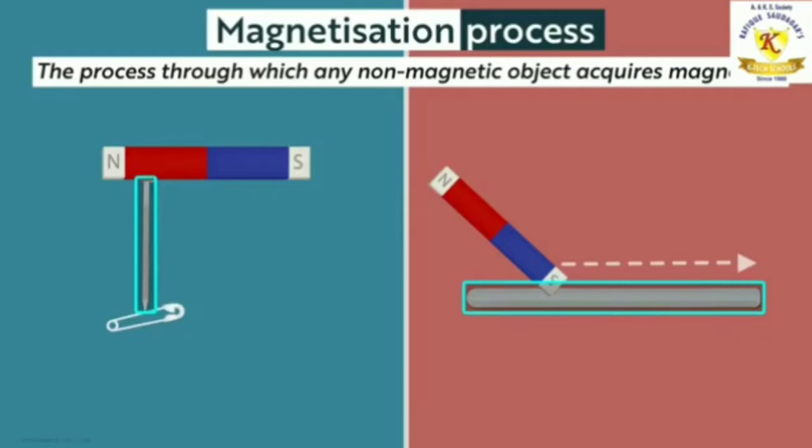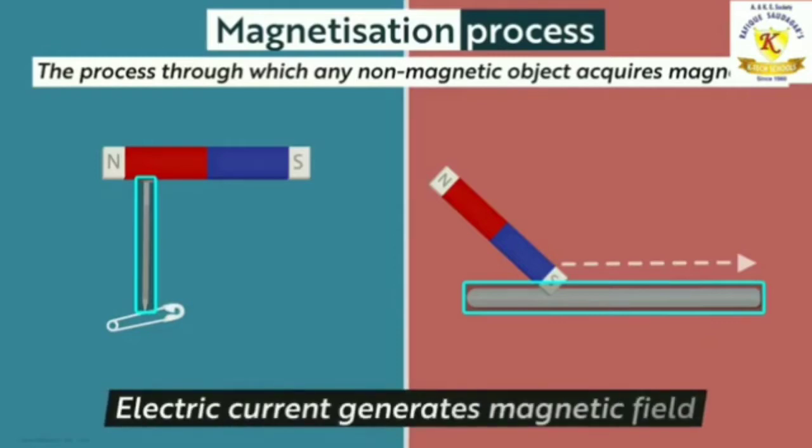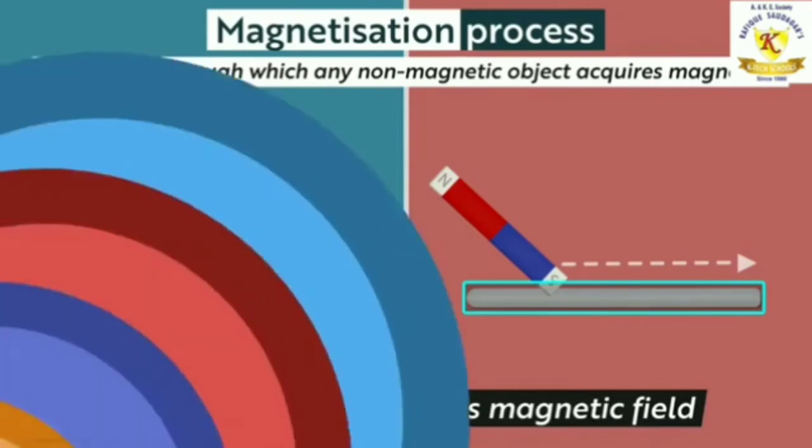Now, there is one more way in which we can magnetize these objects, and that is by understanding that electric current generates a magnetic field. Now, first, let's enlighten ourselves about this.